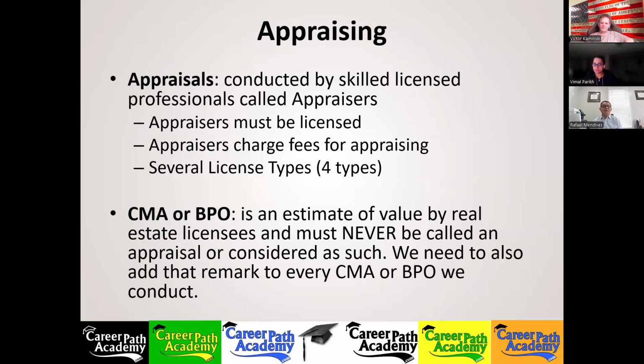There are 2 certified appraisers: certified general or certified residential. The question was only residential properties over $1 million. That would be a certified residential appraiser, because they can't appraise commercial properties unless they're under the supervision of a certified general appraiser.